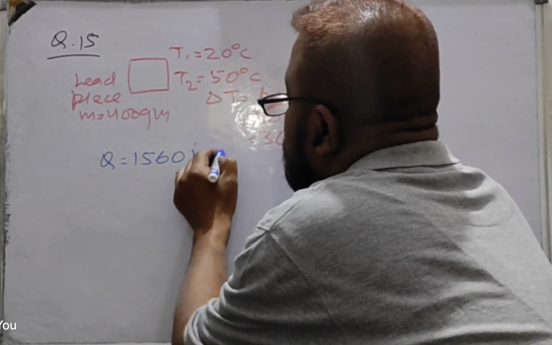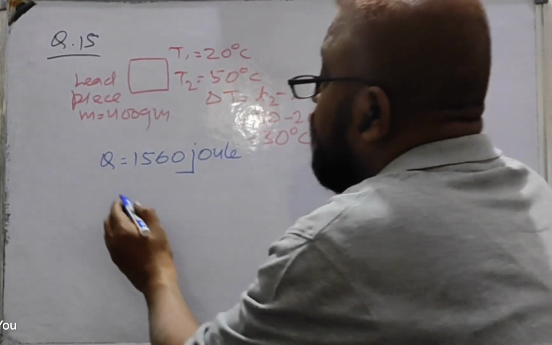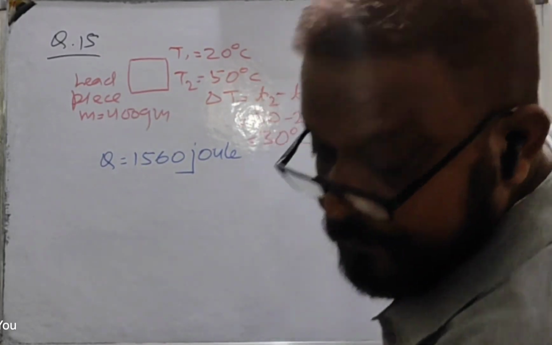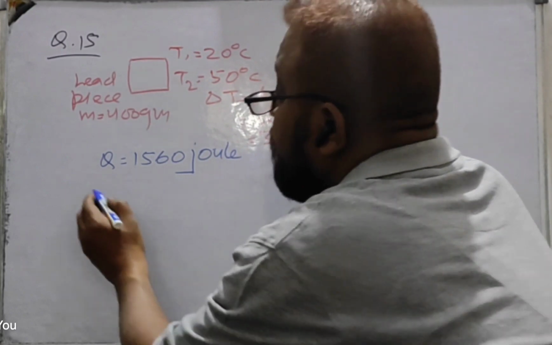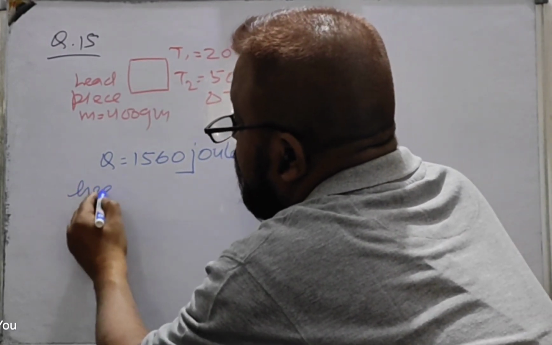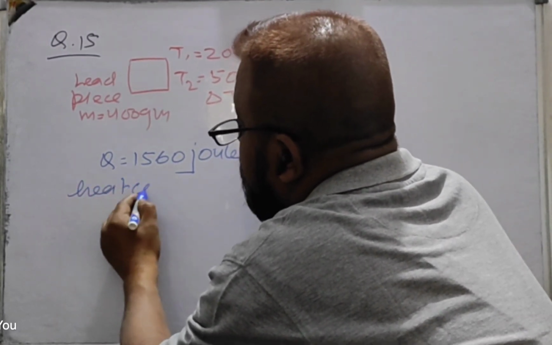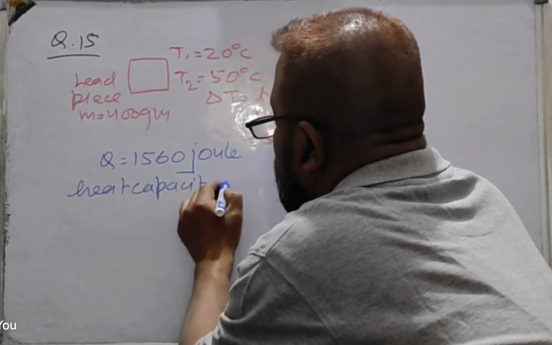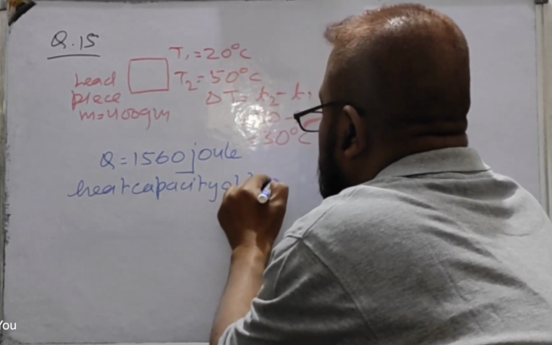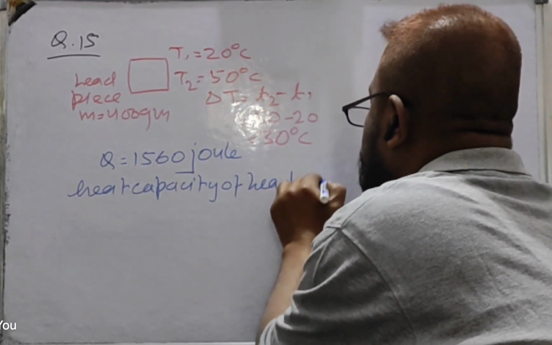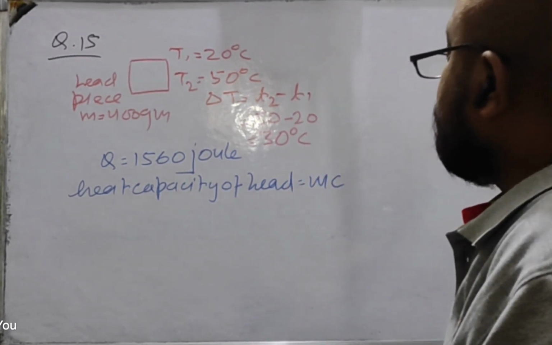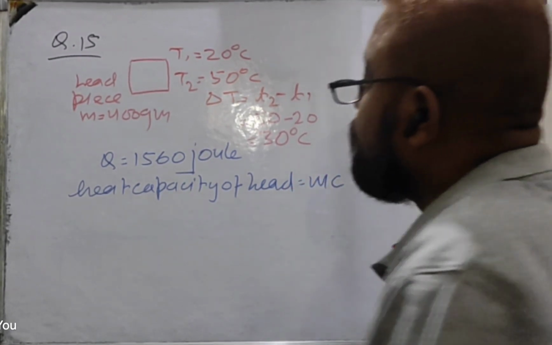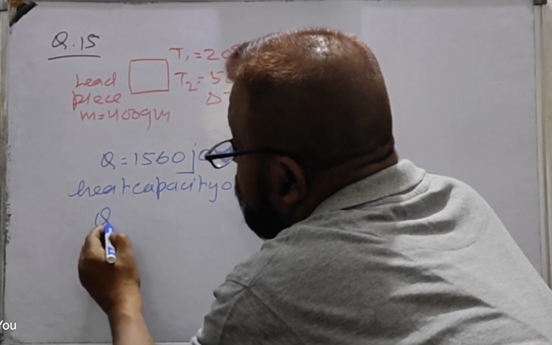In this process, Q is equal to 1560 joule. We have to find the heat capacity of lead, and I'll mention here that the heat capacity is m into c, while c is the specific heat capacity.